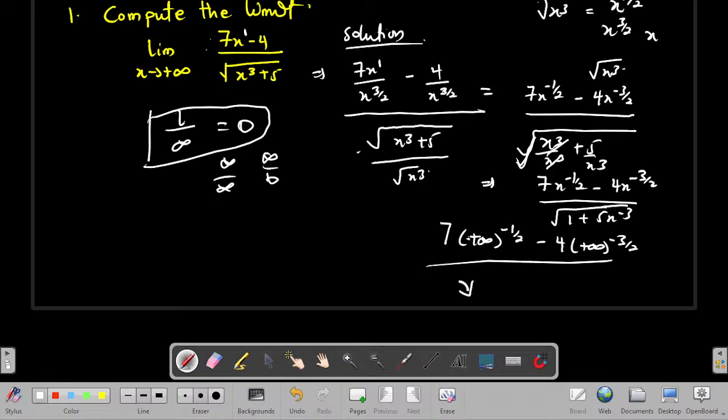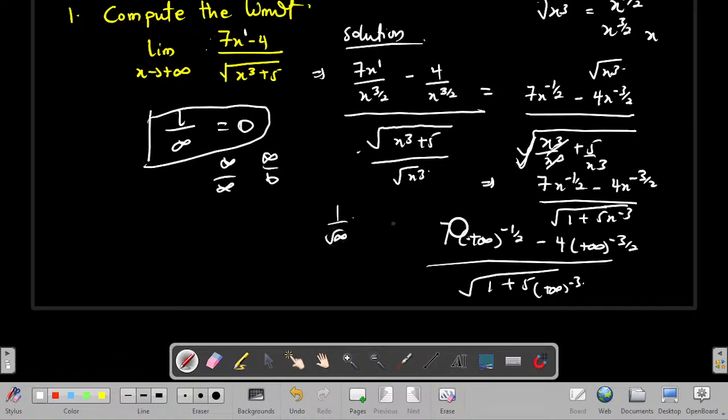All over the square root of 1 plus 5 multiplying positive infinity to the power negative 3. So remember that if you have a negative power, you're going to have a fraction with your infinity sign going down, obviously, right? It's like this. You're going to have 1 over square root of infinity give you 0.